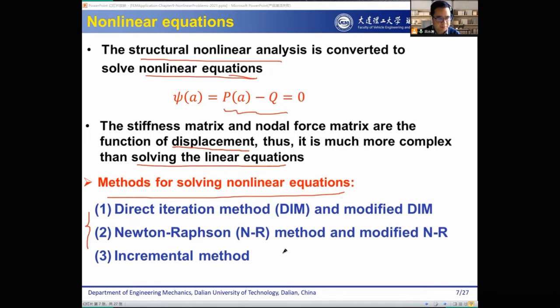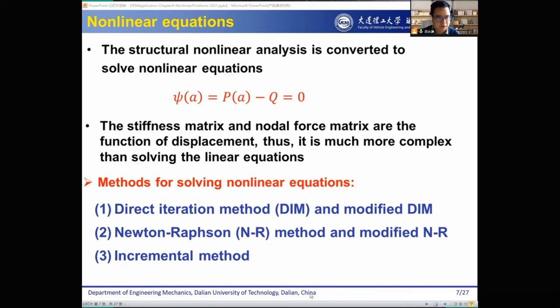So let's have a look. The first is the direct iteration method and the modified direct iteration method. The second is the Newton-Raphson method and the modified Newton-Raphson method. The third is the incremental method. In this chapter, we will mainly talk about those methods for solving nonlinear equations.